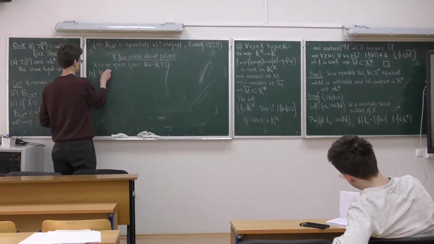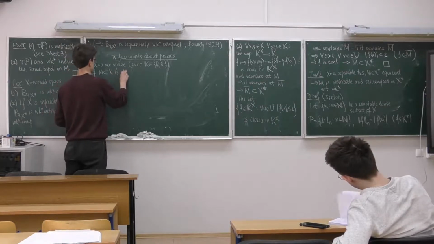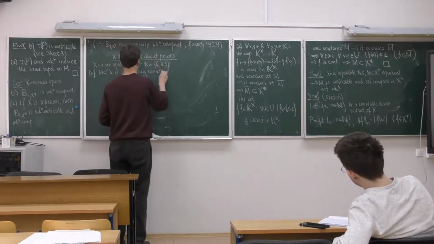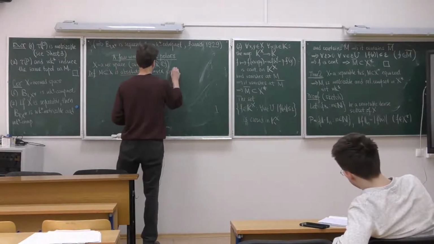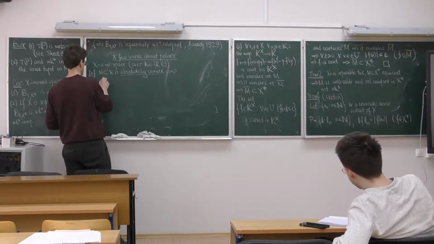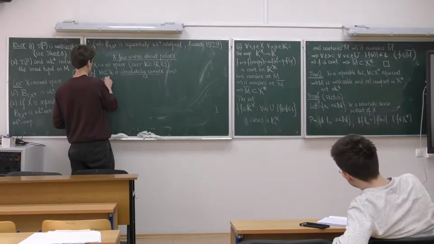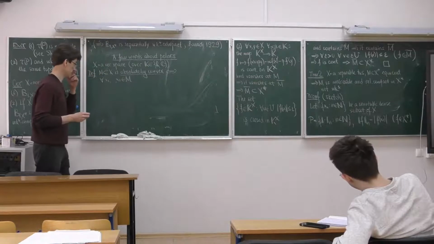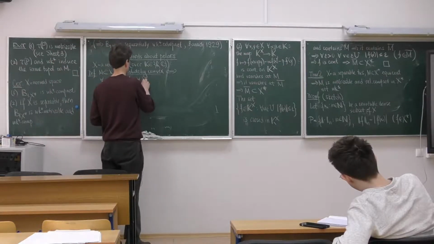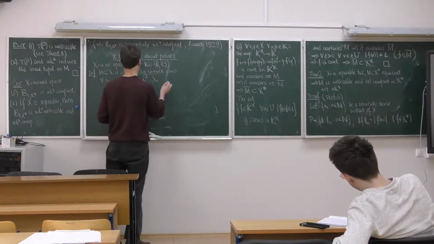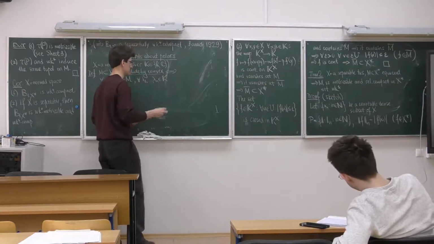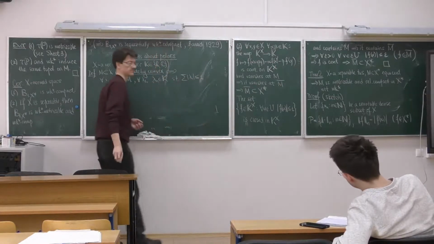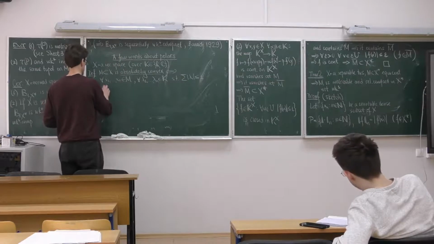We say that a subset M in X is absolutely convex if for each finite family of elements x1, ..., xm in M, and for each family of numbers lambda 1 to lambda m, such that the sum of their absolute values is less than or equal to 1, we have the following conclusion.